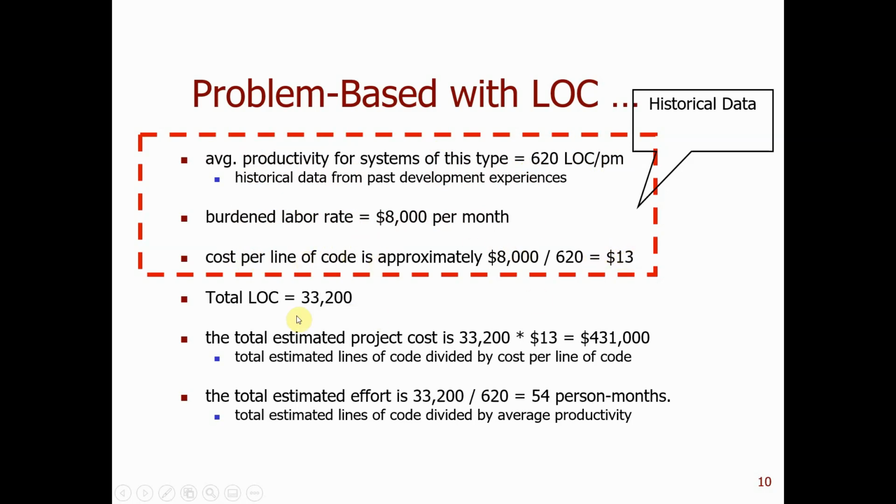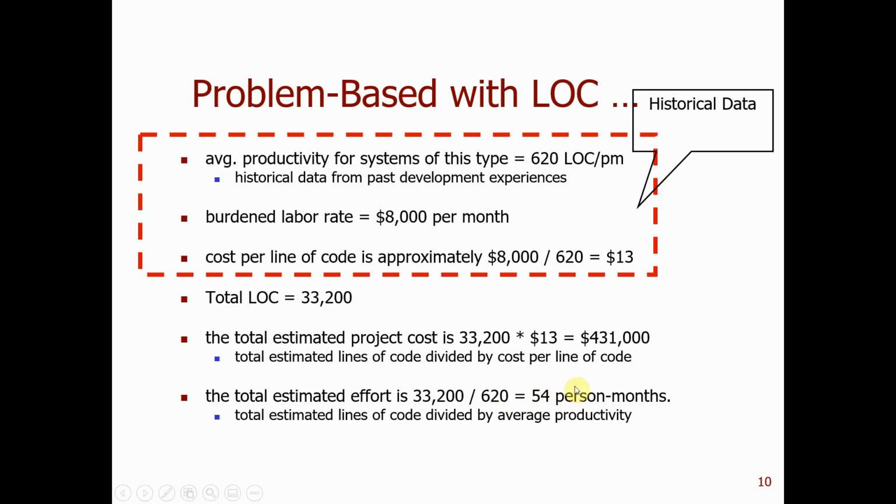It's $13. So if you have a new product and you estimate the lines of code at about 33,200, then you can easily calculate the dollar amount, how much it costs. You can also estimate effort: since your productivity is 620 lines of code per person-month, and the size of the new project is 33,200 lines of code, divided by productivity, then you know you need about 54 person-months to finish the product.